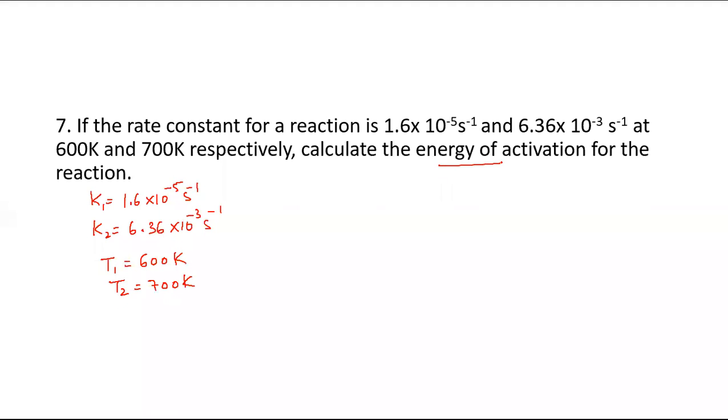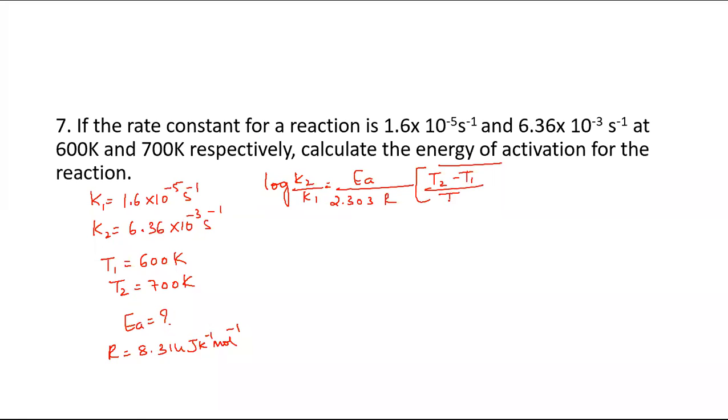So here also you have to calculate the energy of activation, and the R value is the same, 8.314 joule per Kelvin per mole. As I solved the previous problem, similarly you have to solve this using the same formula, that is log K2 by K1 is equal to EA divided by 2.303 into R, into T2 minus T1 by T1 into T2, right?